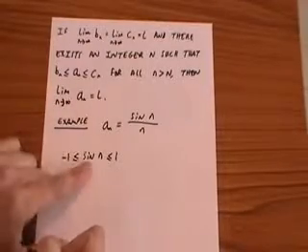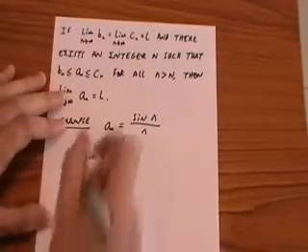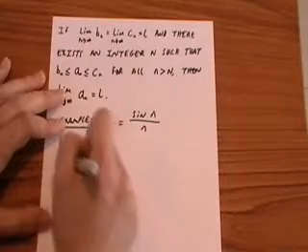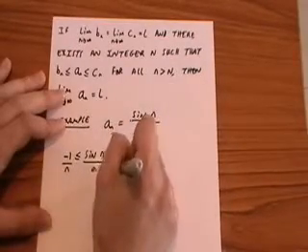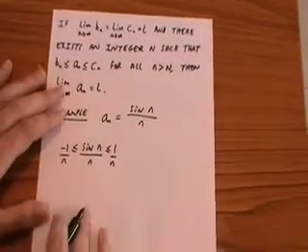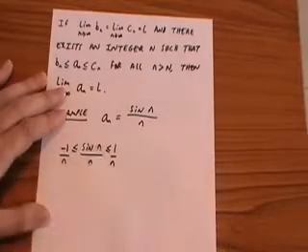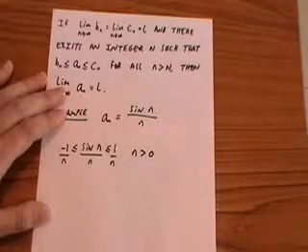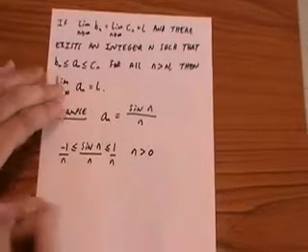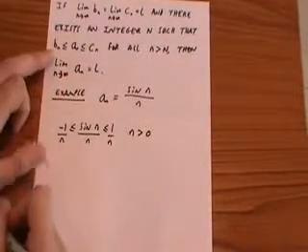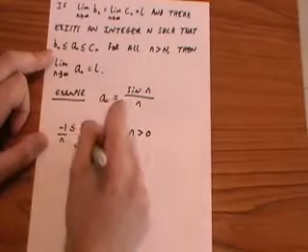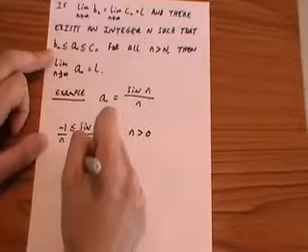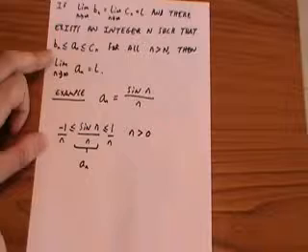But we're not dealing with sine n, we're dealing with sine n over n. So what I can do is divide everything by n. And I know I can do this without affecting the inequality because n is bigger than 0.